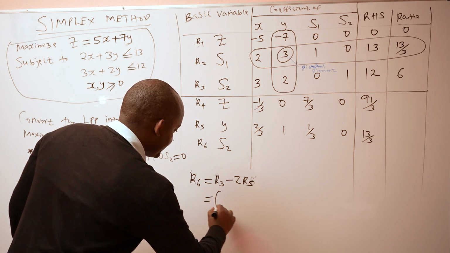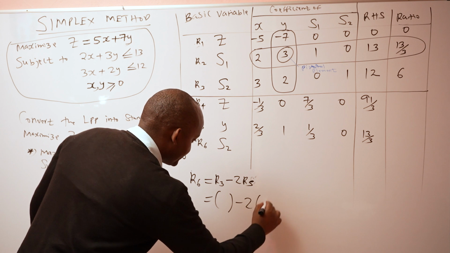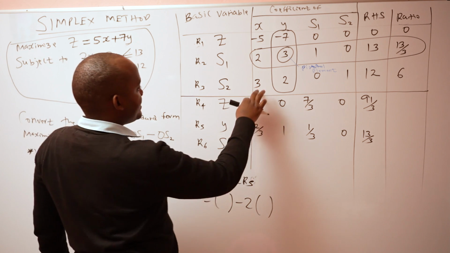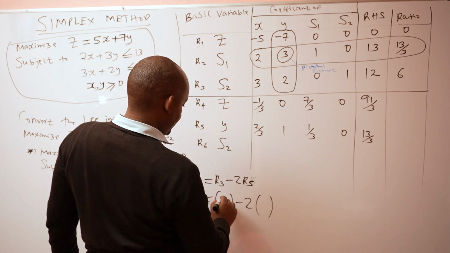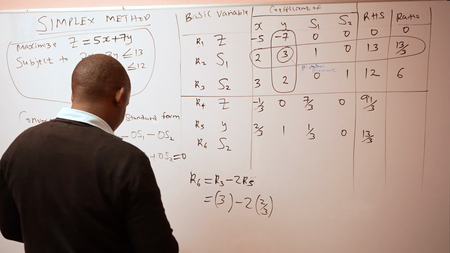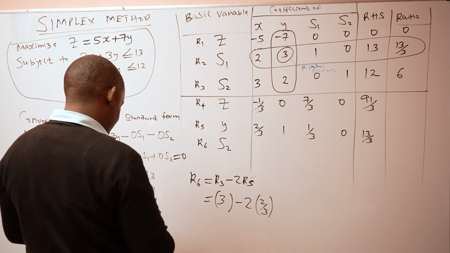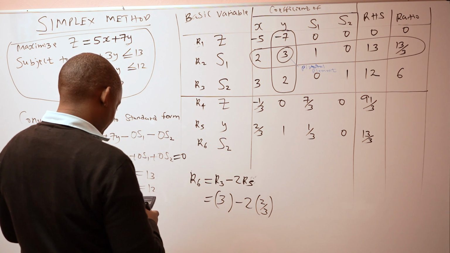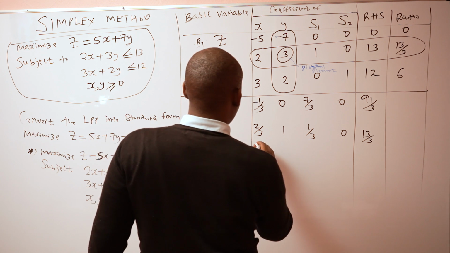So we start with 3 and 2 over 3. What you get as the answer is going to give us 5 over 3.